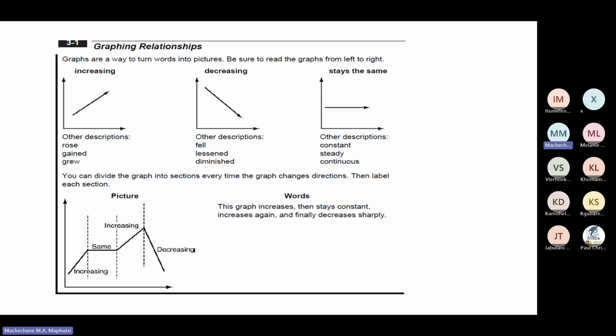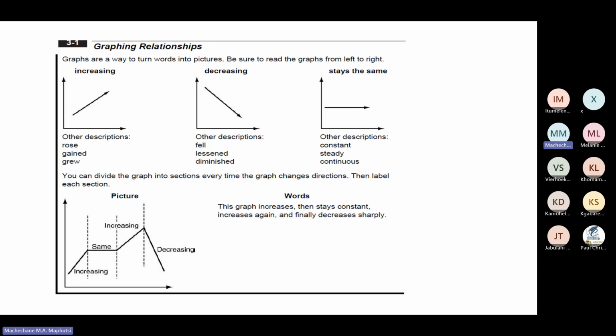So that simply means when you see a steep movement from left to right in an upward direction, then we must know that the graph is increasing. Then when we see the horizontal line, you must know that if it was a car, then we'd say the car is stationary, or there is no movement.